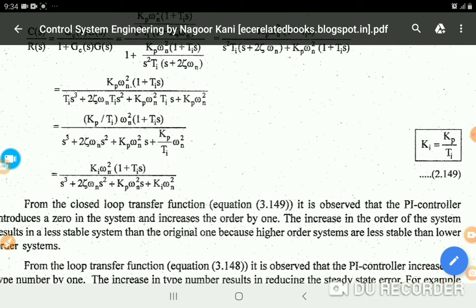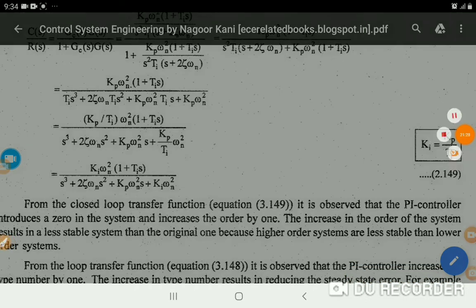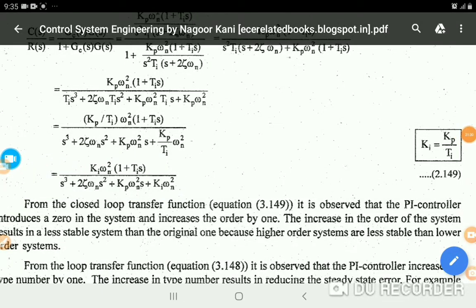Then in the next step, we make a simplification as the next step: this Kp by Ti equals Ki.